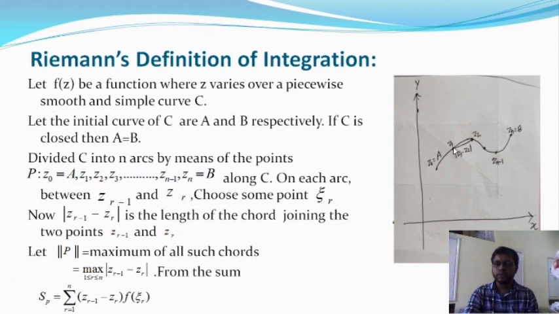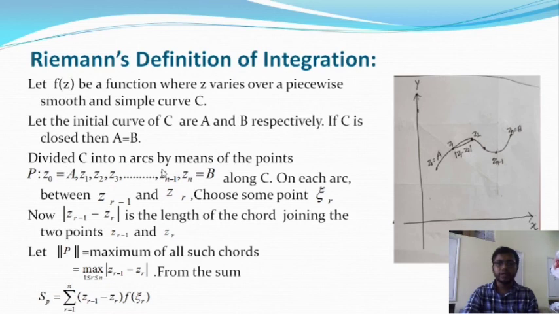Now this curve is divided into n arcs. These arcs are either equally divided or unequally divided. If equally divided, then modulus of z1 minus z2 is equal to modulus of z2 minus z3, and so on, all equal. But here we will take the arcs to be not equal.